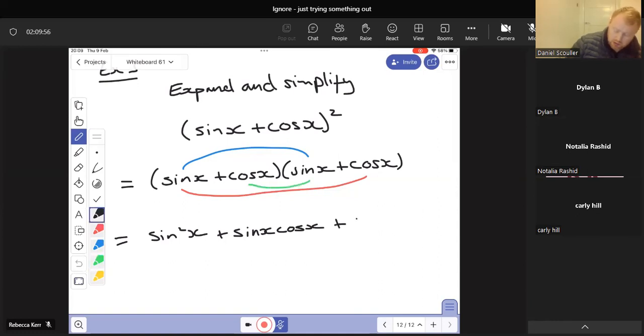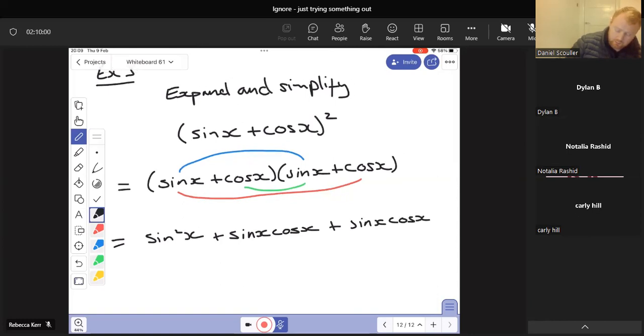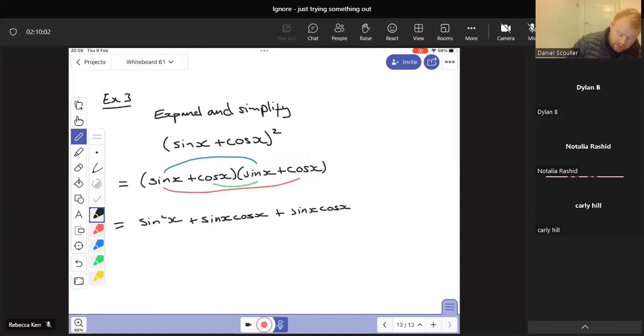I'll just write it sine x, cos x. Same thing. And then the last terms, we've got cos x multiplied by cos x, which is going to give us cos squared x. We can tidy that up a wee bit, because there's two of those terms.